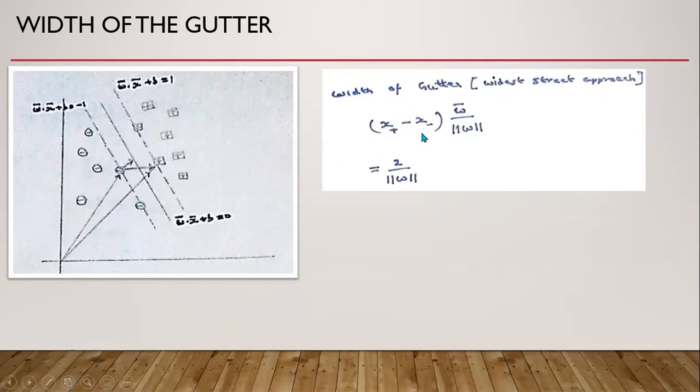So if we solve this, then we get that this width is equal to 2 divided by the magnitude of vector w.